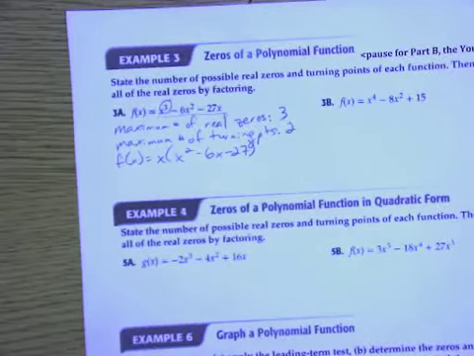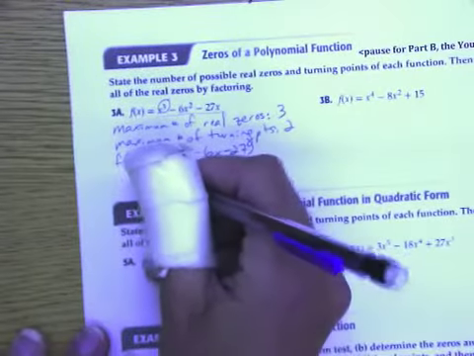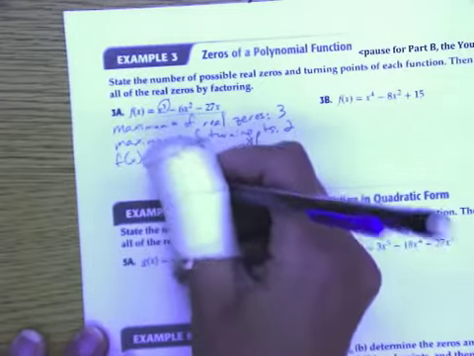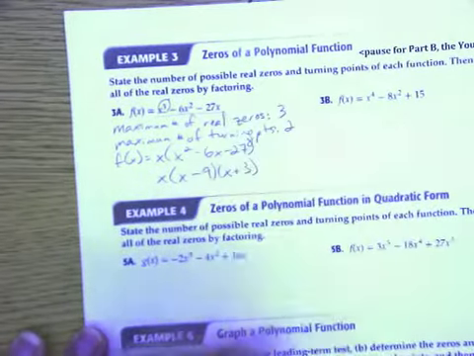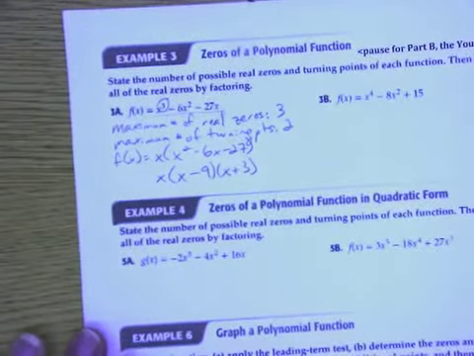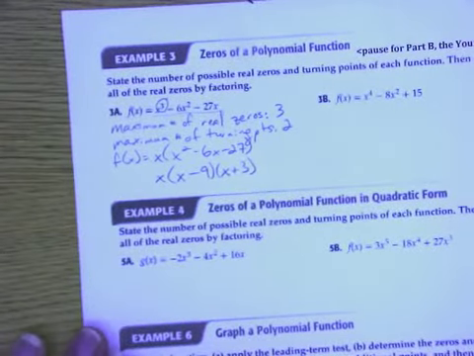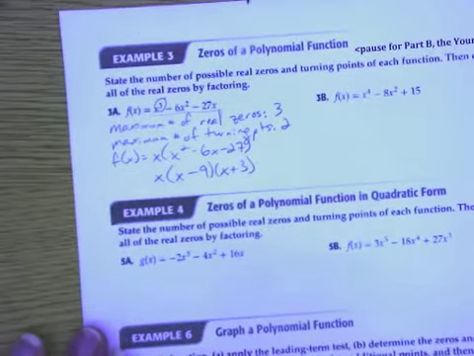And when I've factored that x out, what I'm left with inside the parentheses is a trinomial. And that trinomial conveniently factors. It becomes x times x minus 9 times x plus 3.